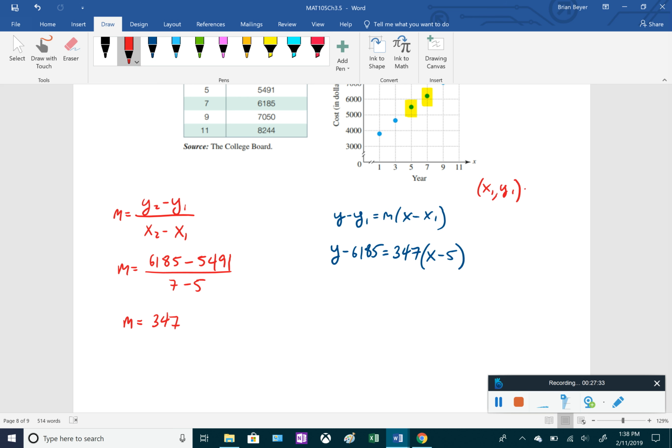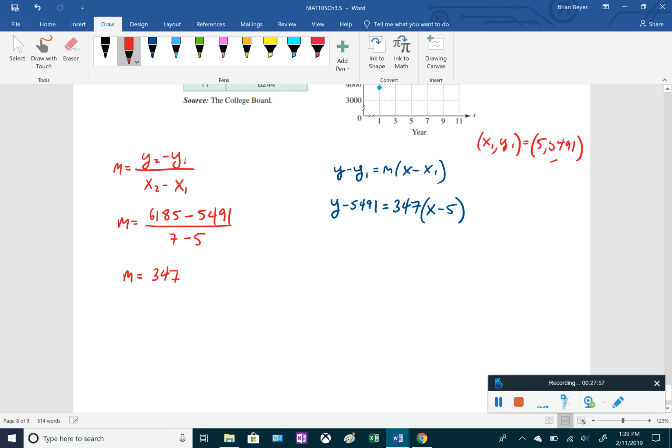Whoops, I actually just flip-flopped the coordinates here. So the y coordinate for that one would have been 5,491. So now writing these coordinates up here, x1, y1 that I'm using for the point slope form is 5, 5,491.